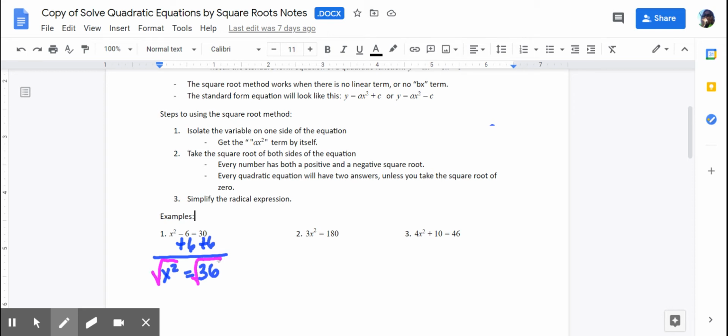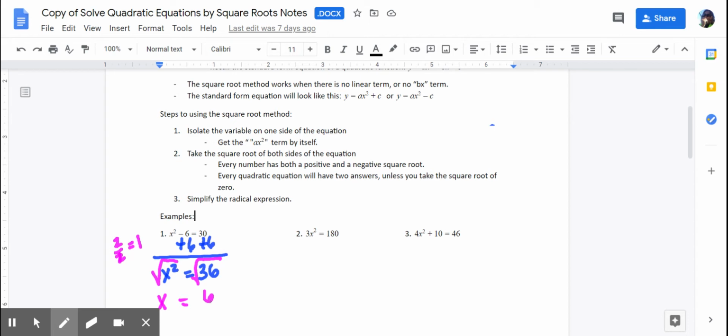Now the square root of x squared, we think about how we simplified yesterday. I have an exponent of 2, and I'm going to divide that by 2 because I'm looking for a pair. You get 1, so that leaves me with just an x on the outside. And we can think to ourselves the square root of 36 is 6. We can put that into the calculator. But the thing we have to remember about quadratics is there are going to be 2 answers.